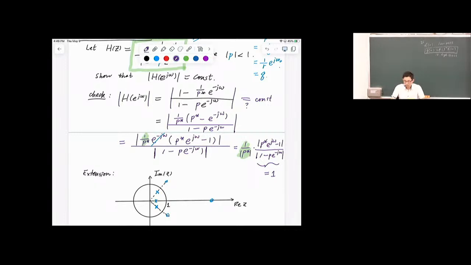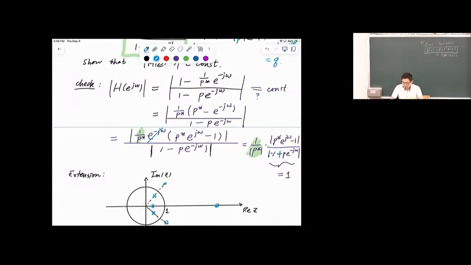But no matter how you choose p, this entire term, when we take the absolute value, is going to be a constant 1. Can you see that? Why? Because we can change the sign right here. Put the minus 1 here and change that to plus. Now does it become clearer?